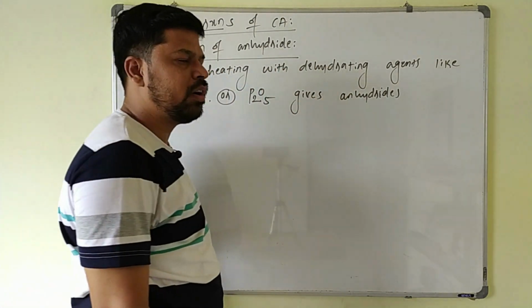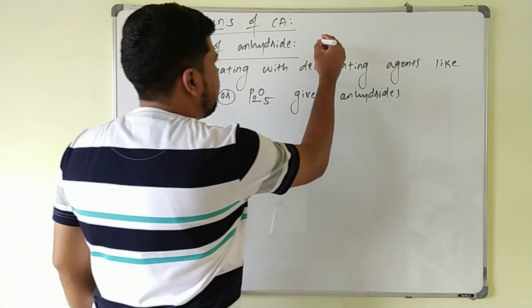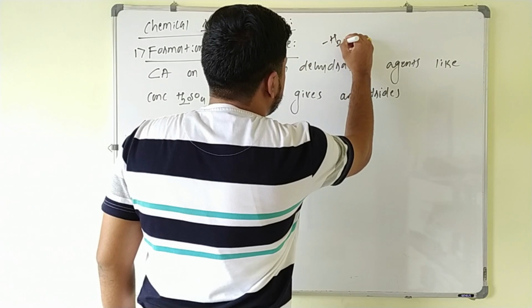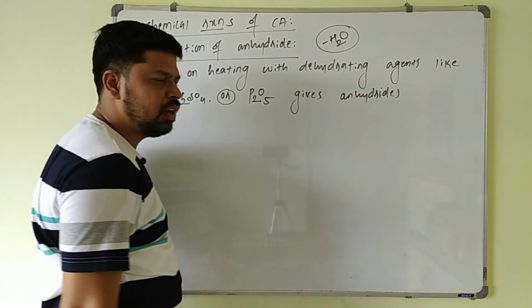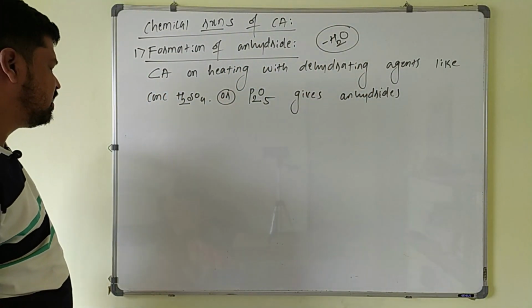So here they will undergo what? These carboxylic acids will undergo dehydration. Just one water molecule is removed between the 2 moles of carboxylic acid.